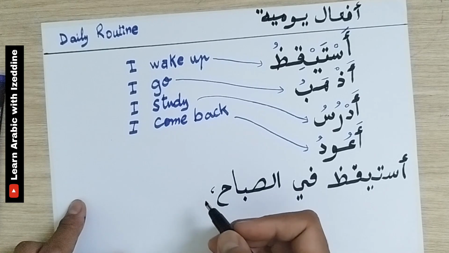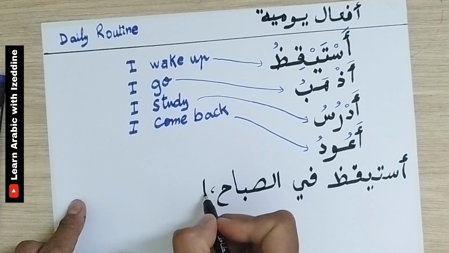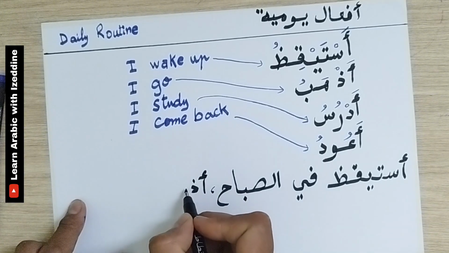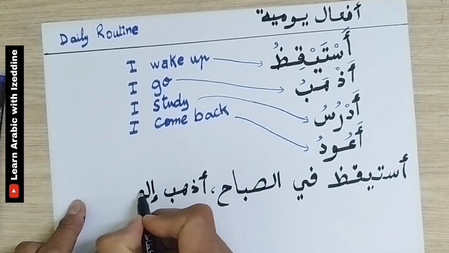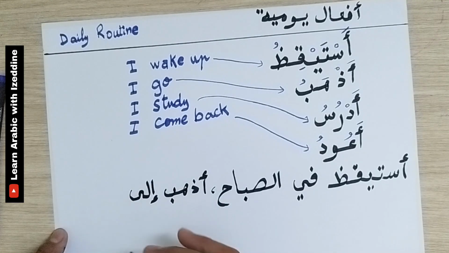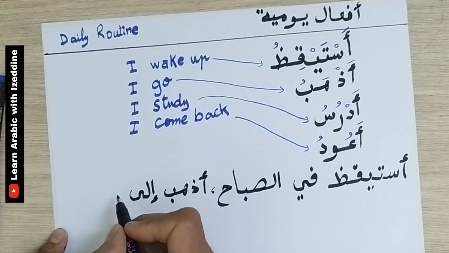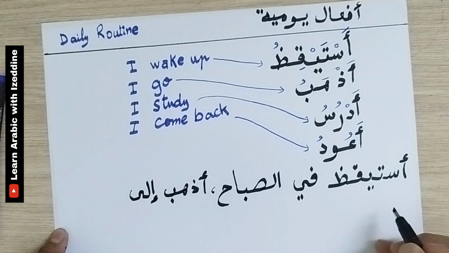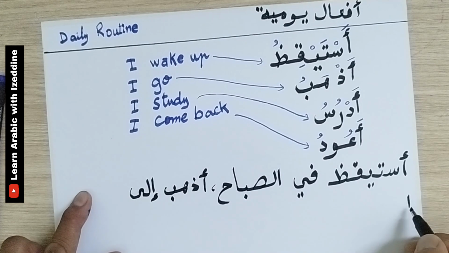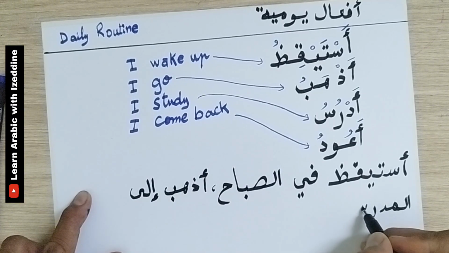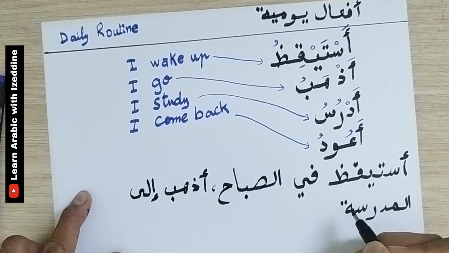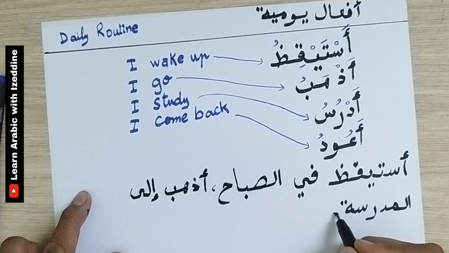أذهب إلى المدرسة. I go to school. أذهب إلى, to. Okay, I go to school, المدرسة. فاصلة. أدرس جيدا.